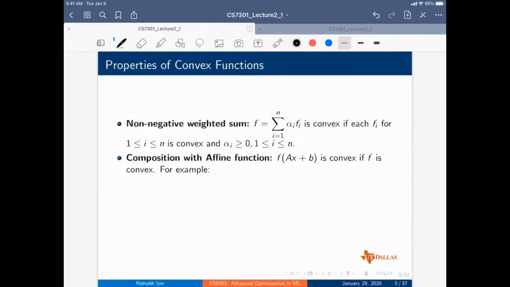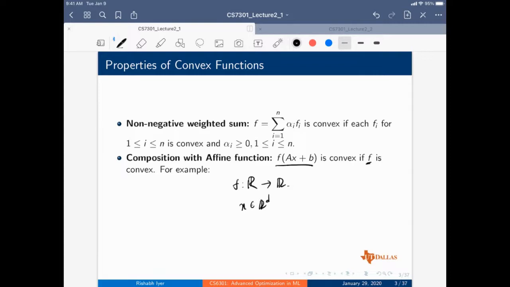The next property is compositions with affine functions. This is really important to go from one dimension to n dimensions. Many machine learning loss functions, or in general many convex functions that come up in practice, which are n-dimensional functions, turn out to be of this form. Here f is a scalar convex function, so f goes from R to R, and in Ax plus b, x itself belongs to R raised to d, so it's a d-dimensional function.